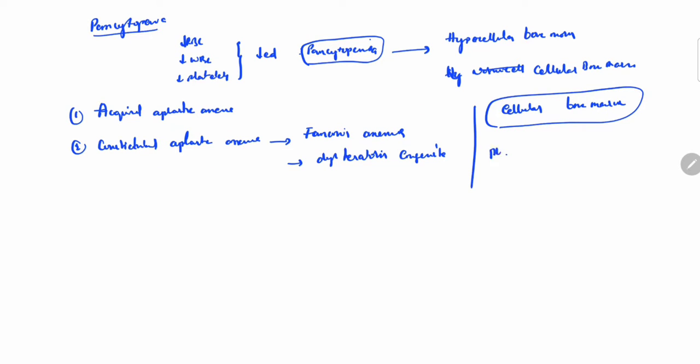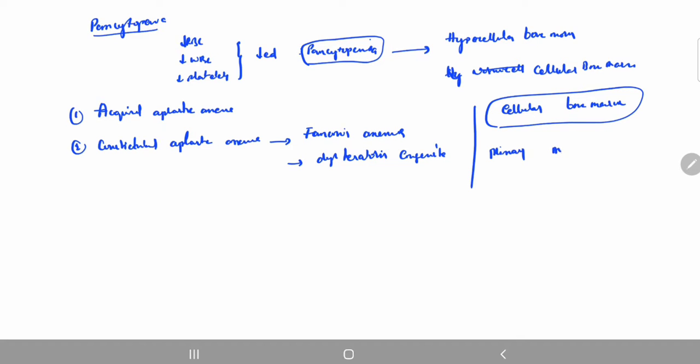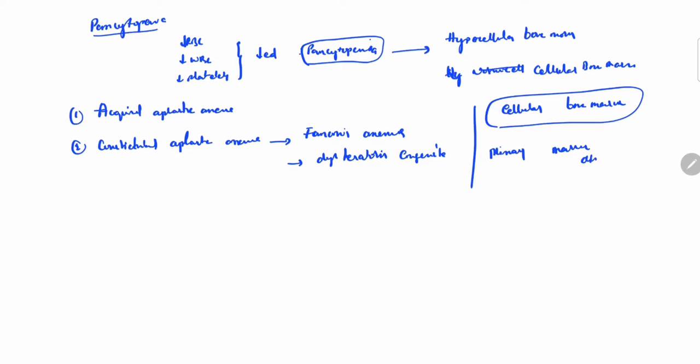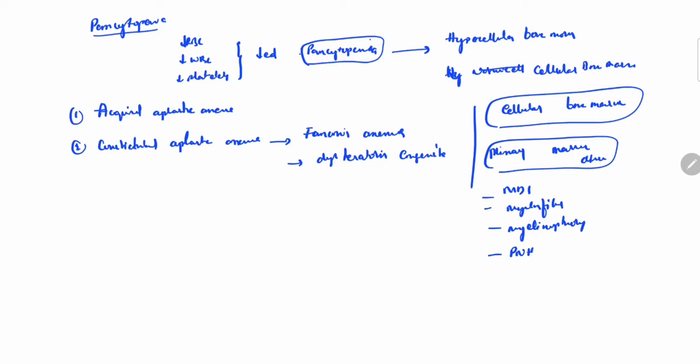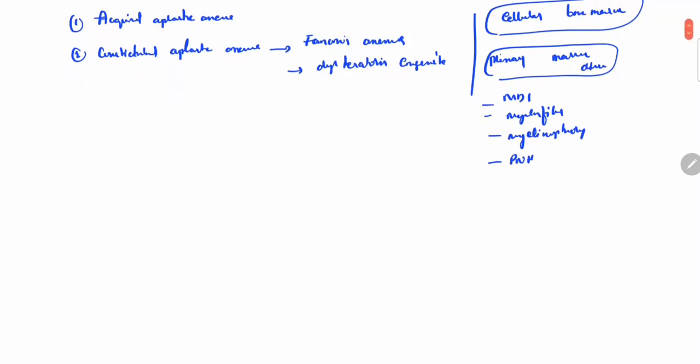So primary marrow diseases like myelodysplastic syndrome, myelofibrosis, myelophthisis and PNH and hairy cell leukemia.